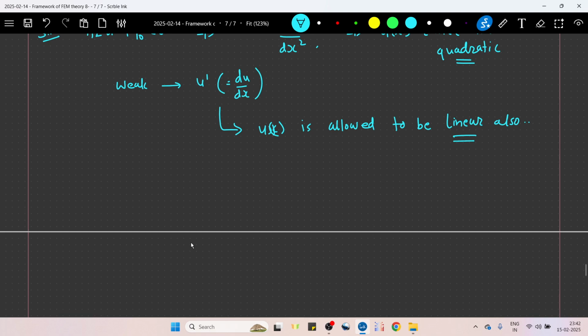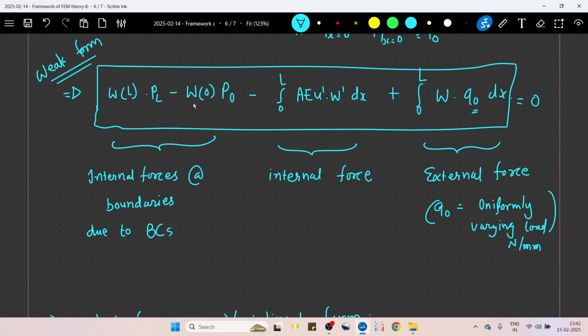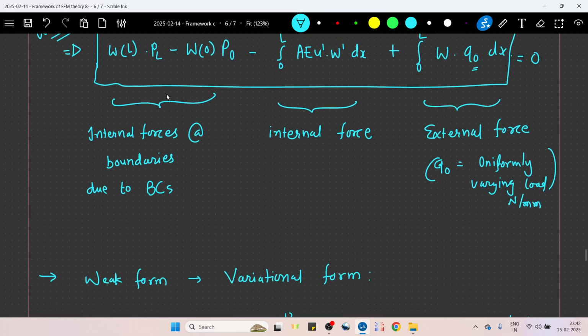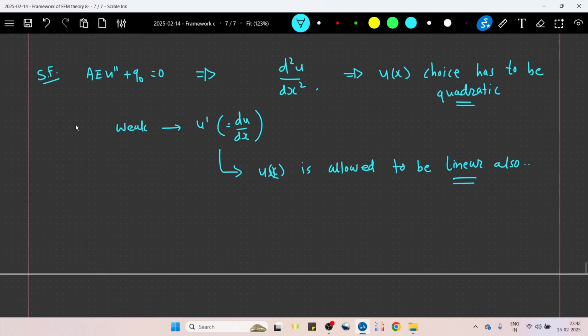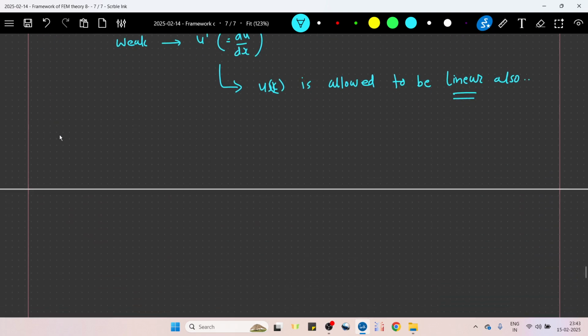Another observation in this weak form, this one, w l p l, w 0 p 0, that means p l and p 0. So this is the first observation, and the second observation is force boundary conditions. Force boundary conditions are also called natural boundary conditions, whereas displacement boundary conditions are called essential boundary conditions.